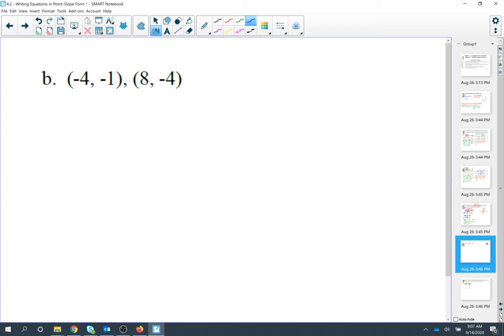Letter B, same thing. So on this one, if we wanted to, we could kind of start with a rough sketch. And again, it's just a rough sketch. (-4, -1) and (8, -4).